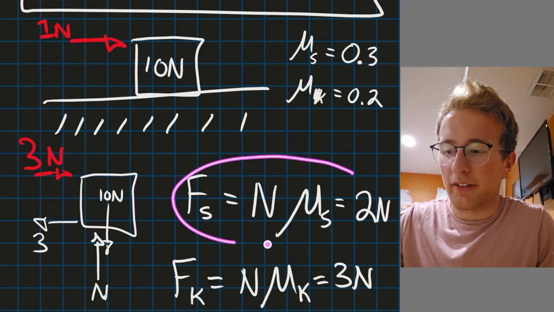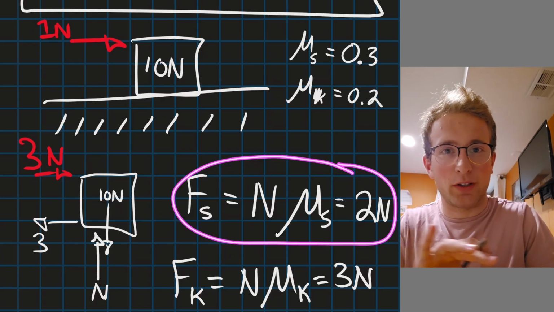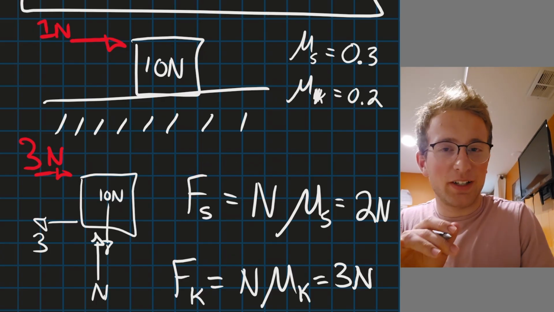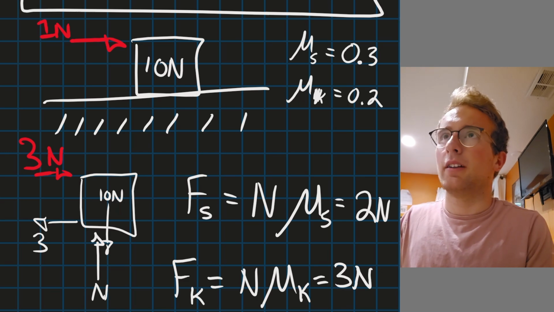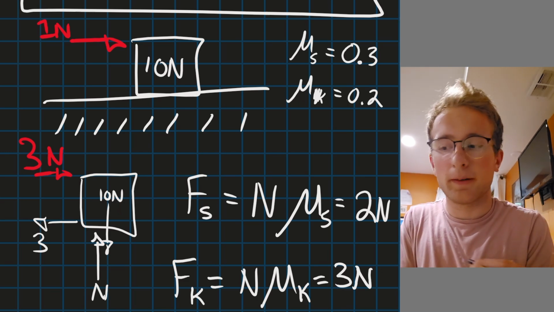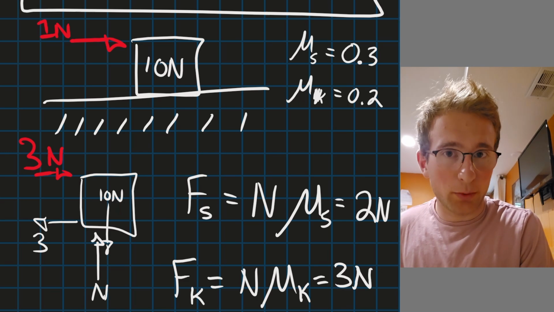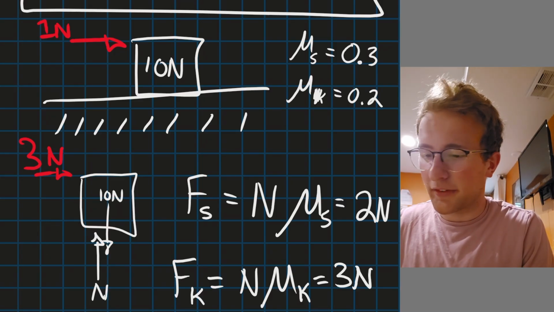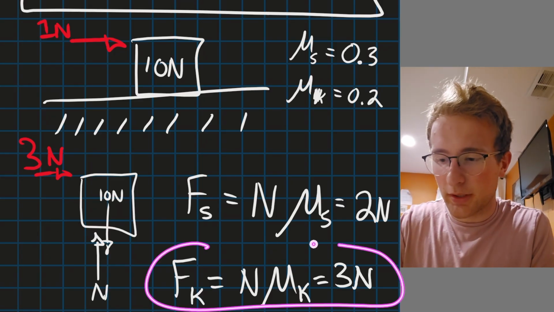But the maximum amount of static friction, again, static friction is when there's no relative motion, is 2. So then the object is going to start accelerating. And it's going to start moving. But once it starts moving, we all of a sudden transition to kinetic friction.